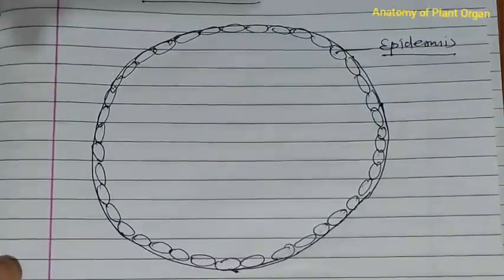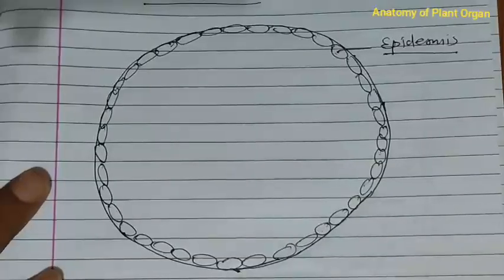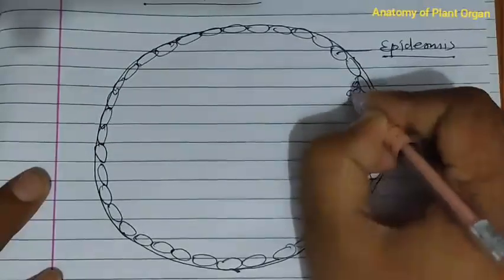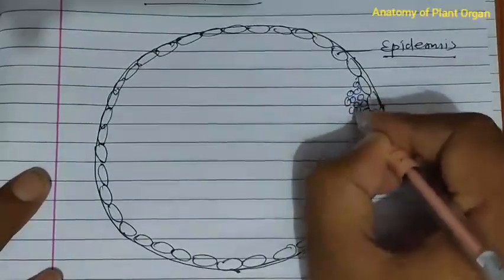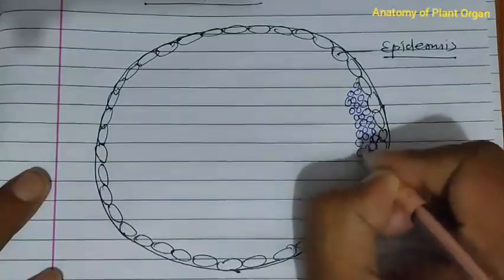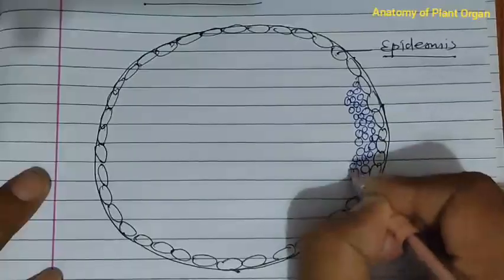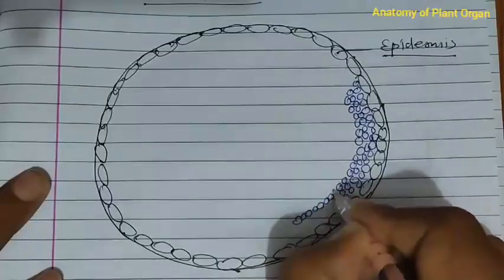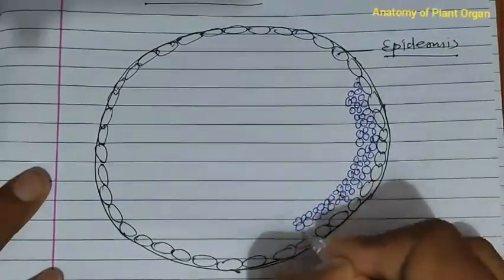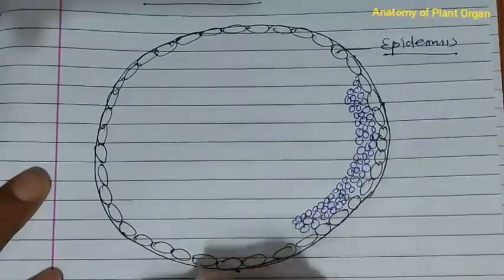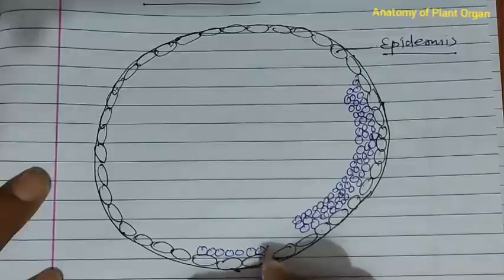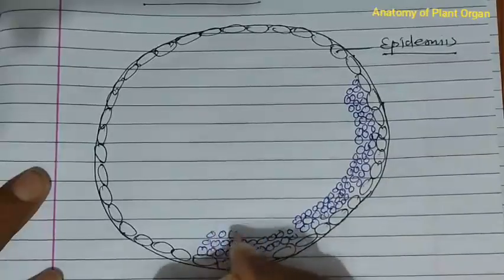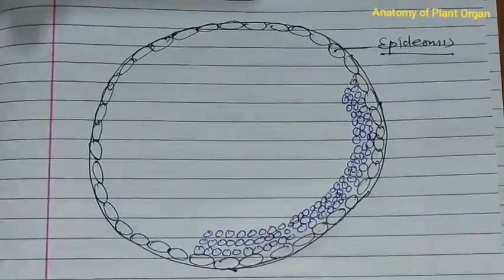Now inner to this we find a hypodermis. So you can see some cells arranged here like this that form the hypodermis. This is hypodermis.